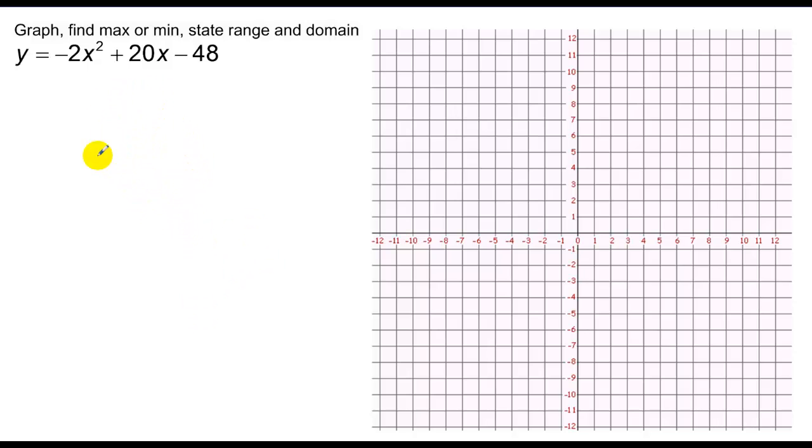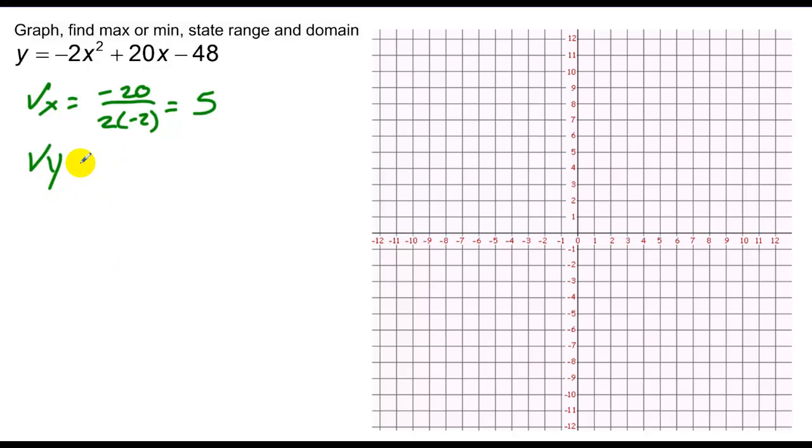Bigger numbers, still not a problem. X coordinate is the opposite of 20 over 2 times negative 2, which gets me positive 5. Plug back into my y value.